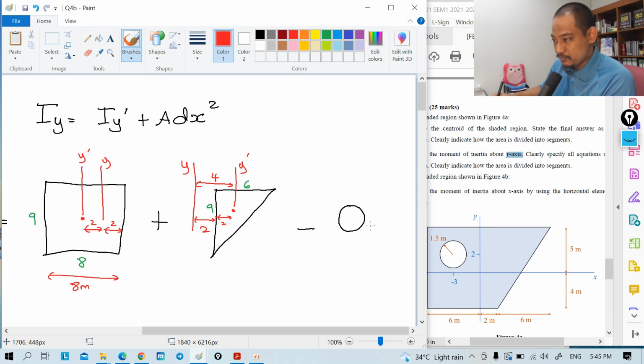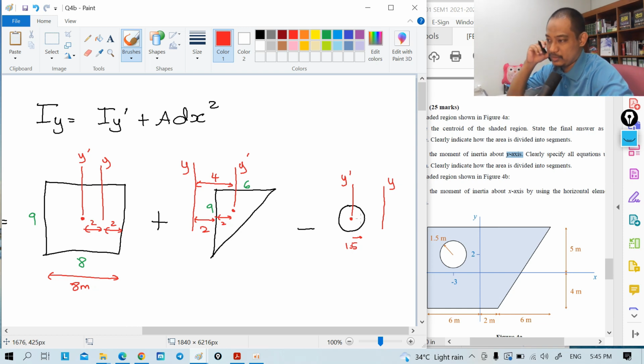And for the circle, the centroidal axis is basically just there, y prime, and the axis is outside there, so it's here, right? The axis. So this radius is 1.5, and this distance, sorry, for this one we do not need this one because the distance is given straight away, right?